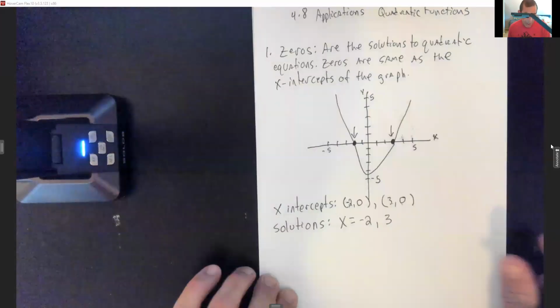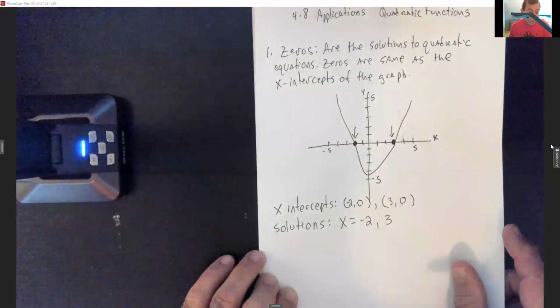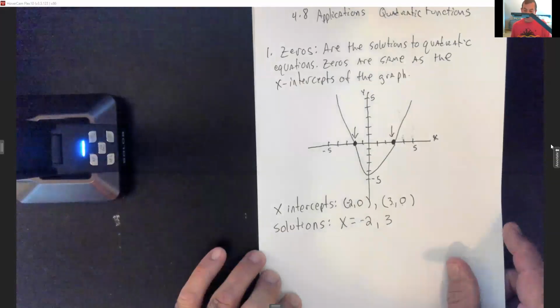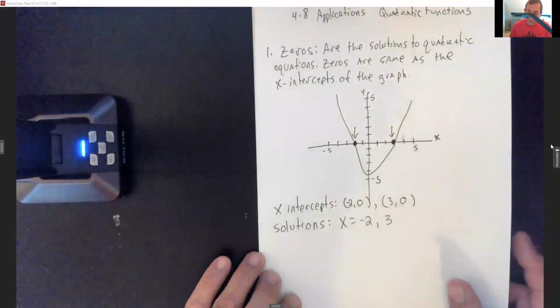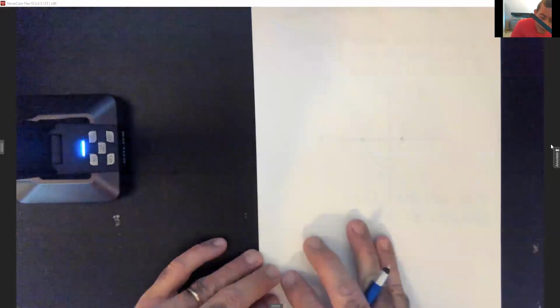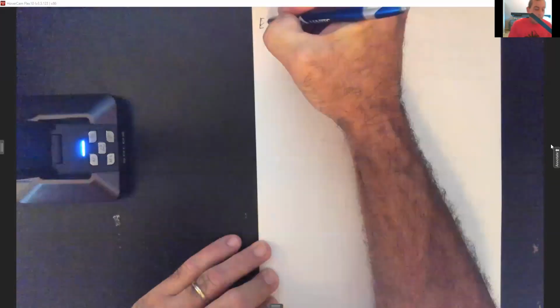Now, what we want to get into is this question number 3 that I got. So I'm going to flip this over. And this is an application of a quadratic function. This is going to be a word problem.